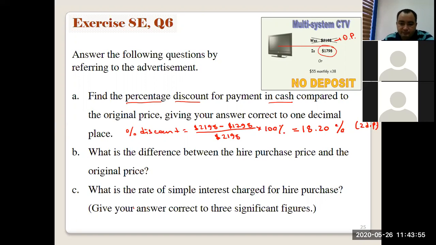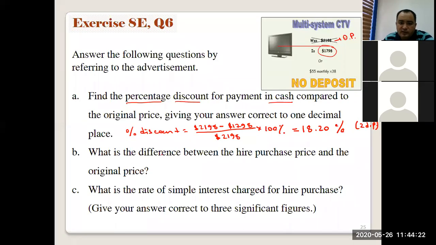Okay. All right. That's the first one. So this company made an 18.2% discount on the original price. So after making this discount, now its cash price is 1,798.